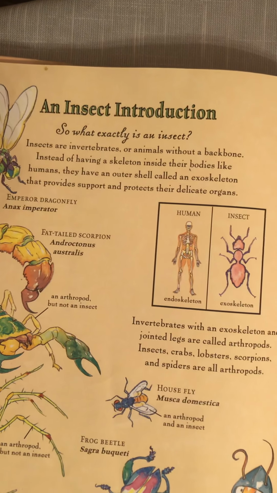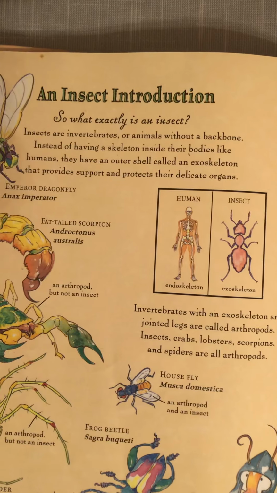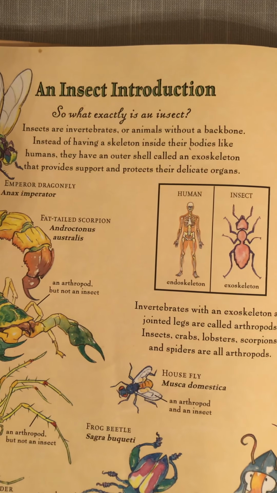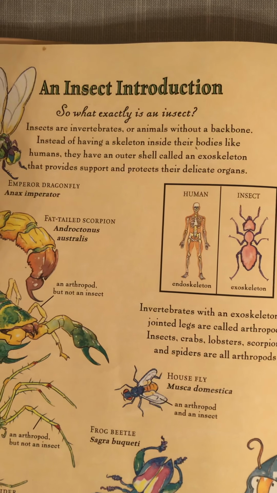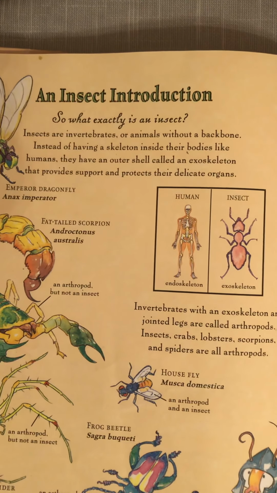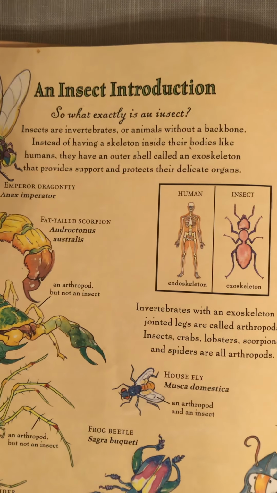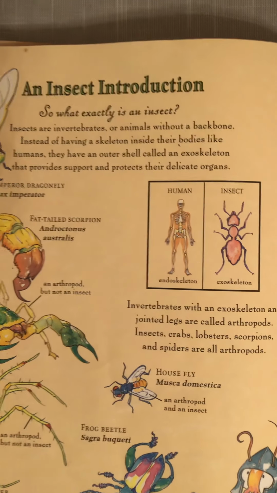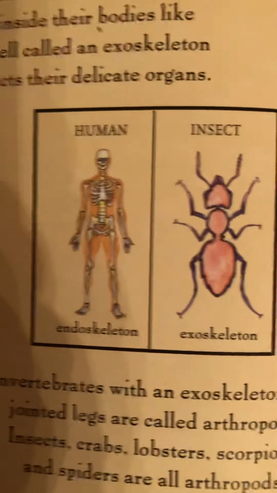Insects are invertebrates, or animals without a backbone. Instead of having a skeleton, bones, inside their bodies like we do, they have an outer shell called an exoskeleton that gives them support and protects their delicate body parts. Let's look a little closer.